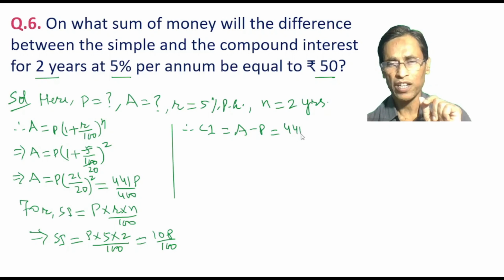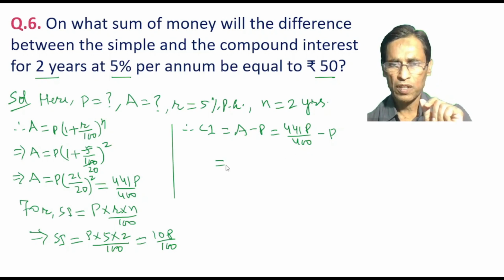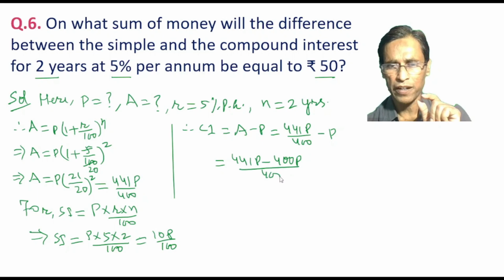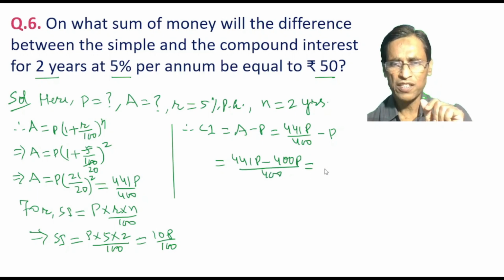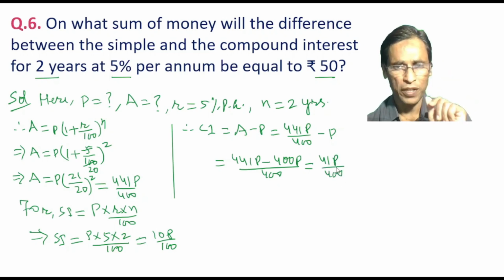So 441P by 400, and P is P. In the next step, we take LCM and proceed as 441P minus 400P by 400, which is equal to 41P by 400. This is the compound interest in terms of P.